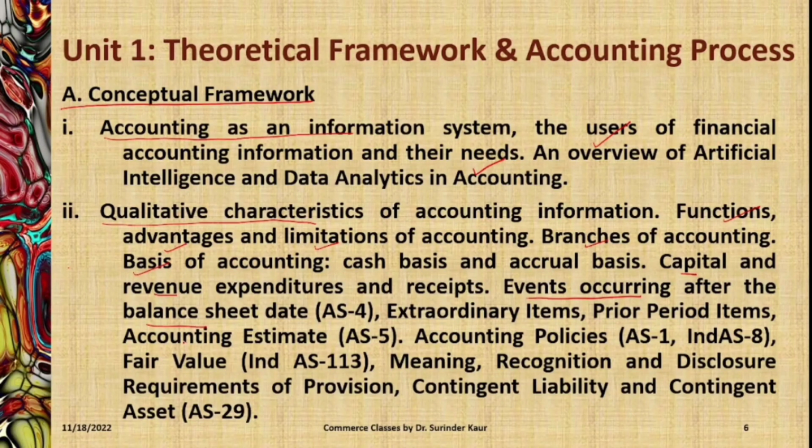How do they affect the accounting? What are extraordinary items, prior period items? What is meant by accounting estimate along with the relevant standards, accounting policies? What is fair value? What is its meaning, recognition and disclosure as per the relevant standards? Requirement of provision, contingent liabilities and contingent assets. So all these things will be studied herein.